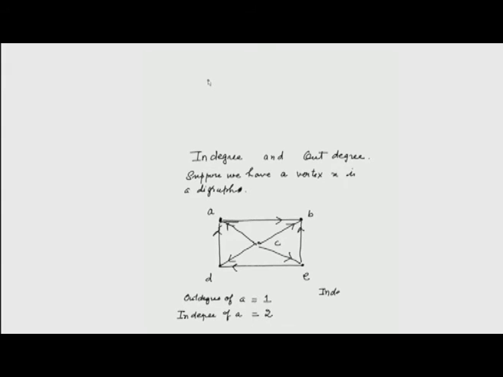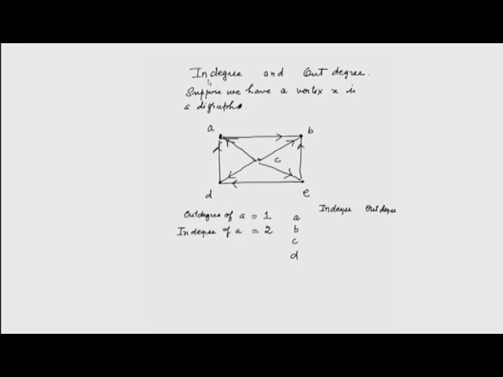Similarly, we can make a list of in degrees and out degrees, for the vertices A, B, C, D and E. We have seen that for A it is 2 and 1. For B, there is only in degree, so it is 3 and out degree is 0.